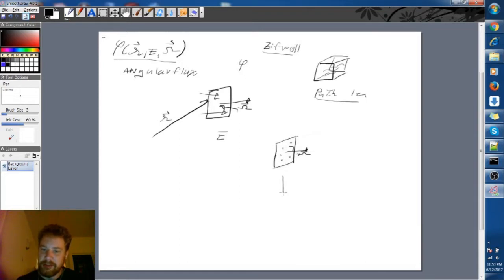In fact, let me take a side view of it. This is some sort of projection view. You're going to have a neutron, say, starting here at t equals 0, here, and so on and so forth. And then in 1 second's time, they're going to trace out these paths.